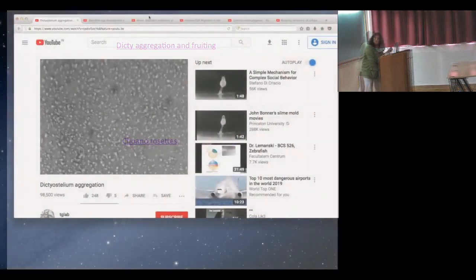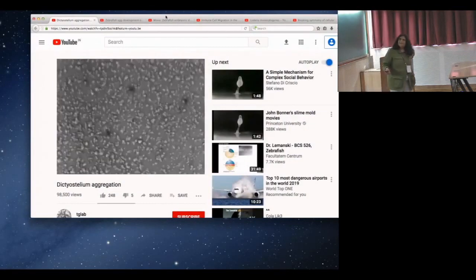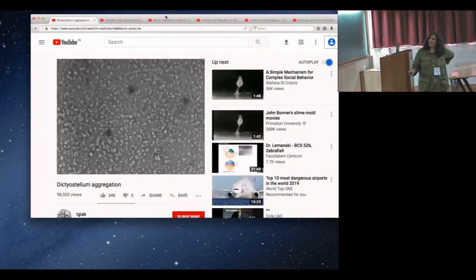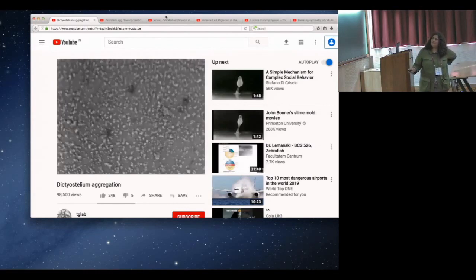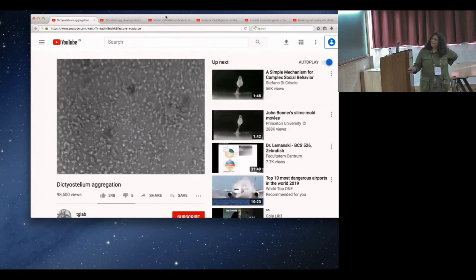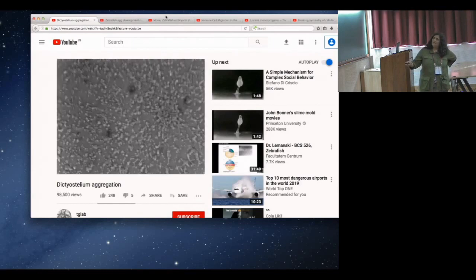Okay, so what you will see here are these single-cell animals that are sort of coming together. In time, you will see that they form an aggregate. It'll take a little while. These are all single cells. So you see the beginnings of that here.